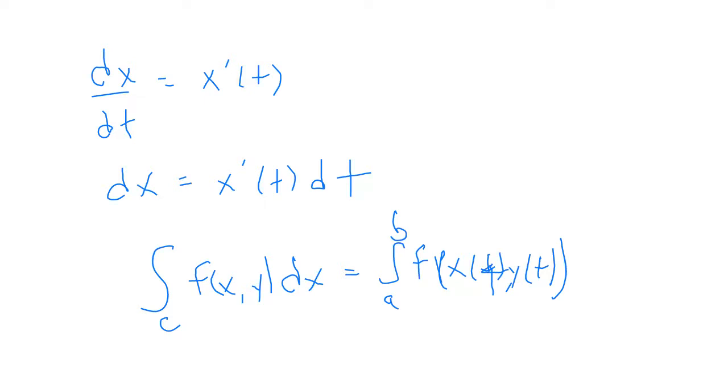Okay, hold on. I will not have messy stuff. Let me write it again. So x of t, y of t, and then they replace the dx with x prime of t dt.